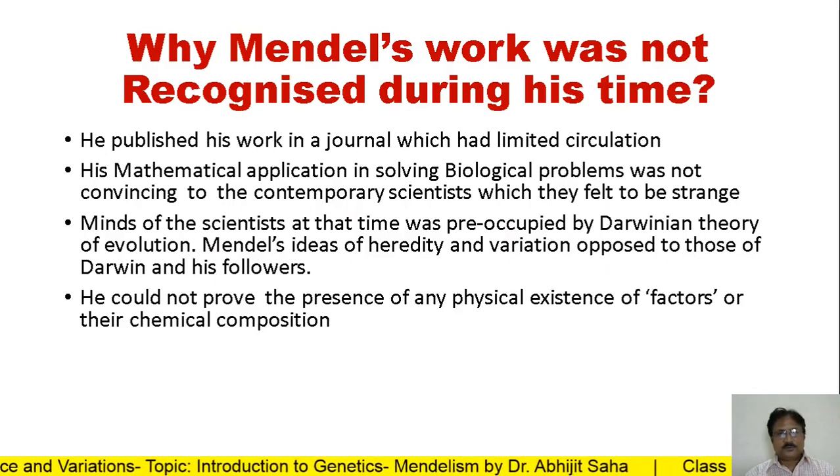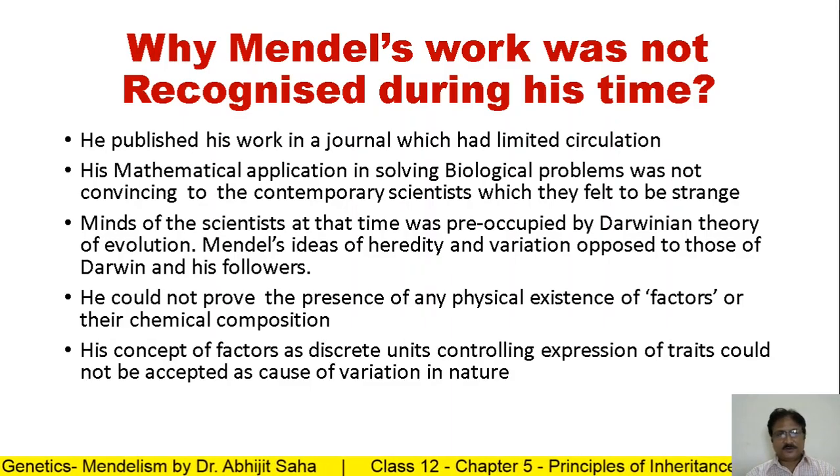He could not prove the presence of the factors. Mendel considered that factors are responsible for the traits and inheritance. But when he was asked what these factors are, where they exist, how they exist, and what their composition is, that part he could not explain.